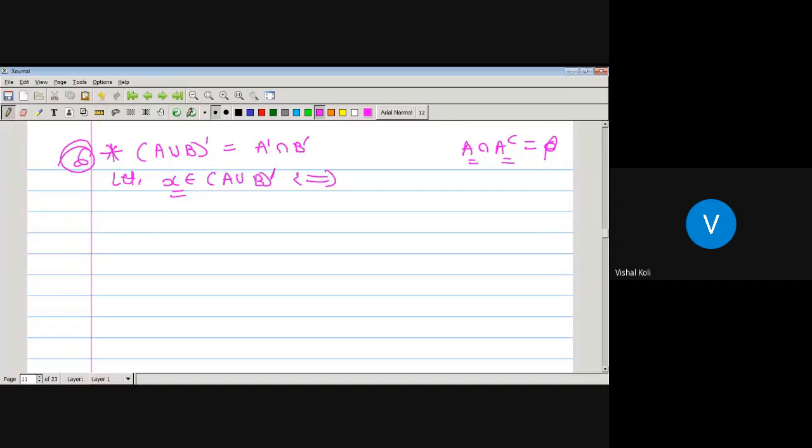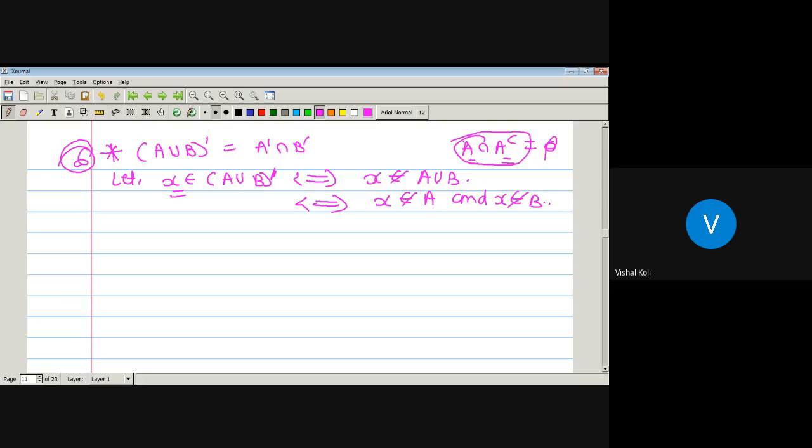As it is belonging to the complement, it implies that it is not belonging to the set A union B. Conversely, if X is not belonging to A union B, then by the definition of union, it is not belonging to both the sets A and B. Therefore X is not belonging to A and X is not belonging to B.